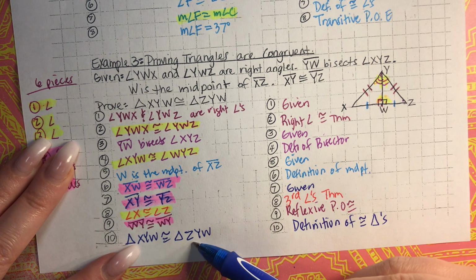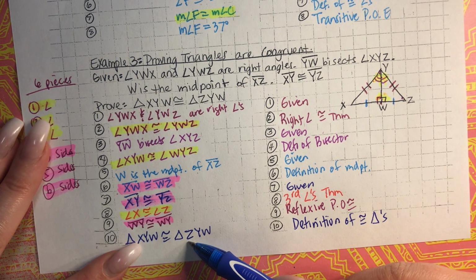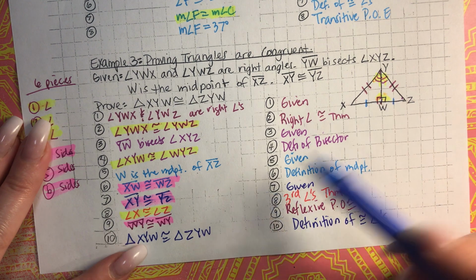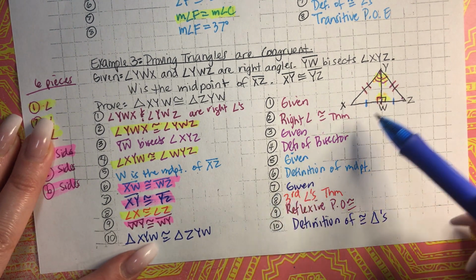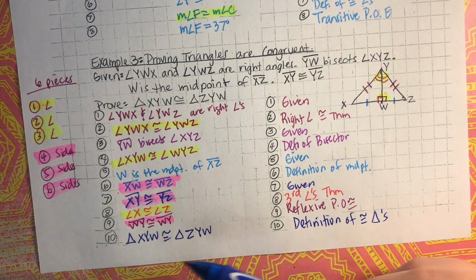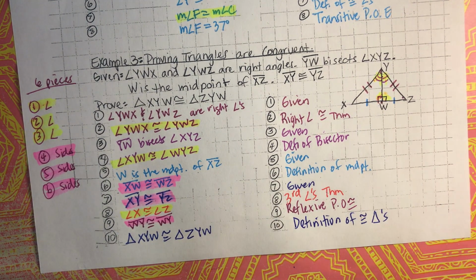Perfect, and we just want to make sure that we wrote this down. X and Z, yes, they are congruent. Y and Y are congruent, and W and W are congruent. Perfect, so we wrote it down perfectly.